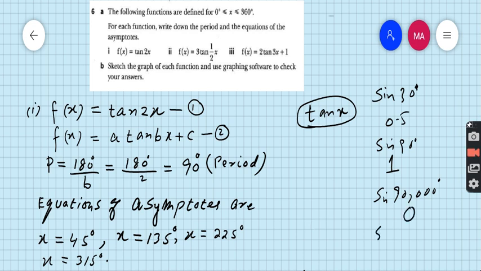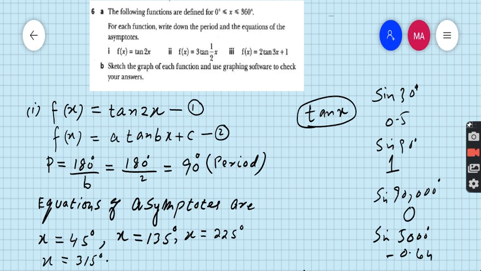If you find sine 5,000 degrees, for example, the answer is minus 0.64.